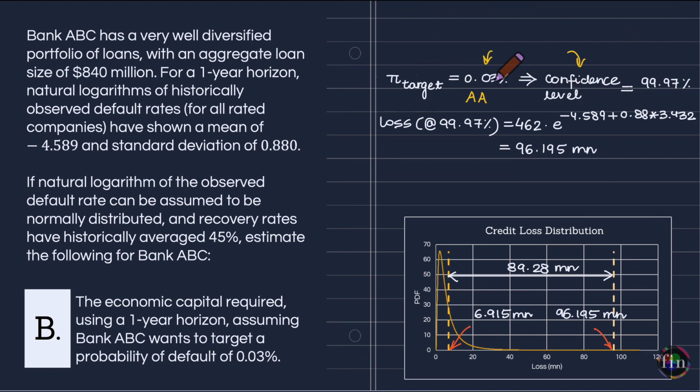So confidence level will be 100% minus 0.03%, which is 99.97%. If I were to repeat the same calculations which I did for my regulatory capital by just replacing the confidence level from 99.9% to 99.97%, you can quickly convince yourself that the capital requirement comes to $89.28 million. This is your economic capital.